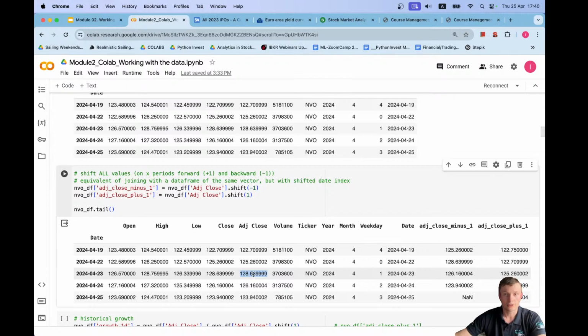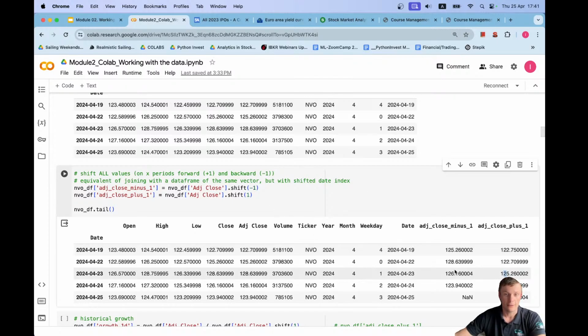If we shift it back, we will see here the value that appeared tomorrow but shifted back for today. And if you shift it forward, you will see some value that used to be yesterday, but now appears for today.